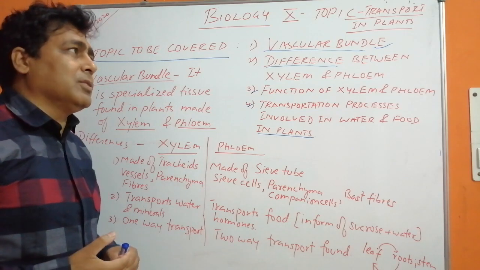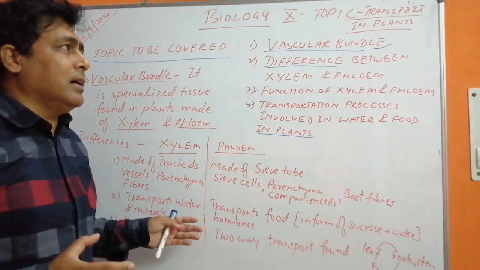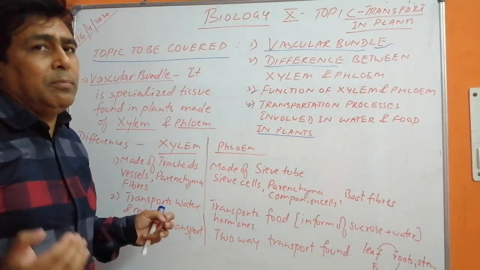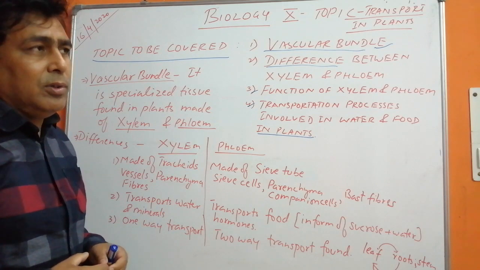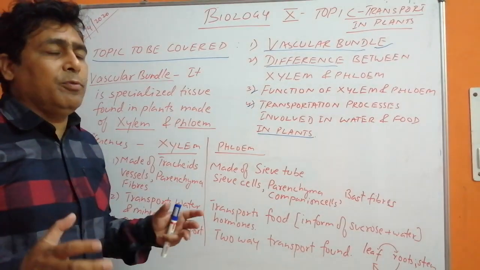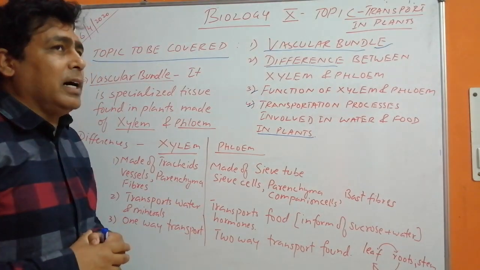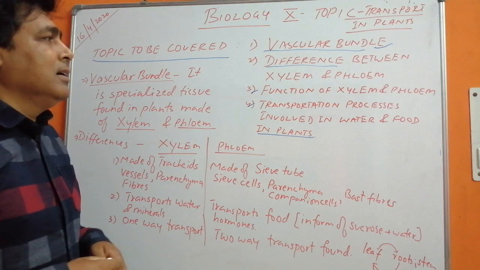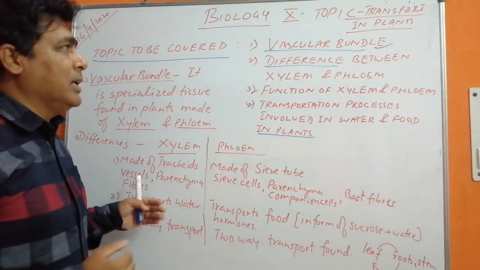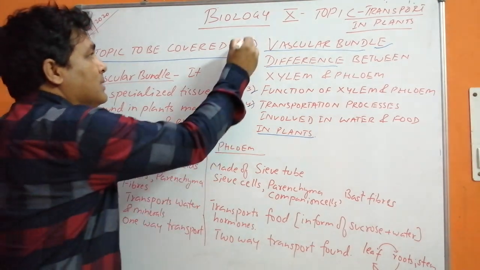So these are the parts of the plants, and they require substances to be transported because they are multicellular also. And multicellular things always require movement of substances from one part to another part. Now in the case of the higher plants, it is done by various processes that we are going to discuss here one by one. First of all, how the transportation takes place.